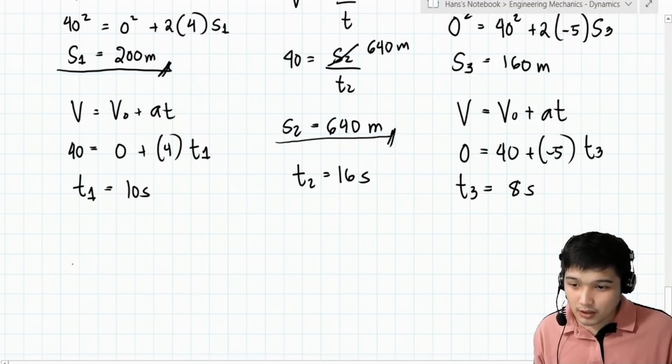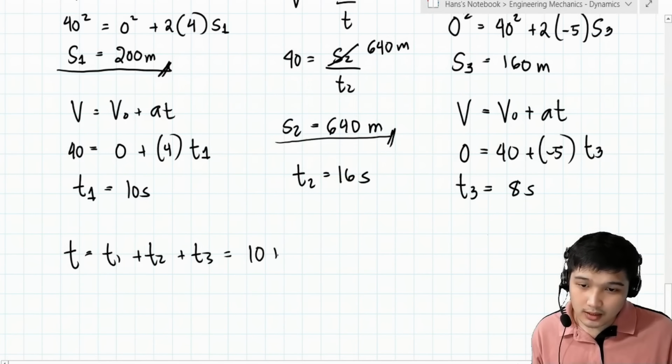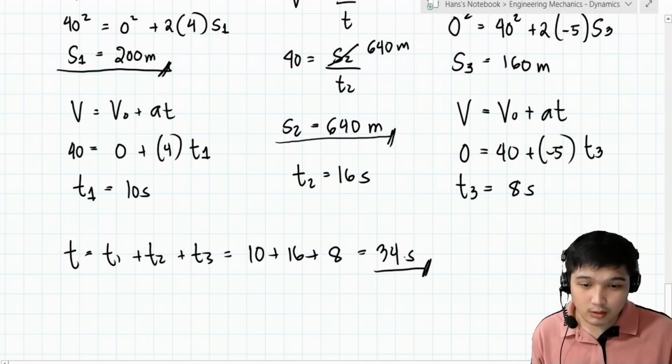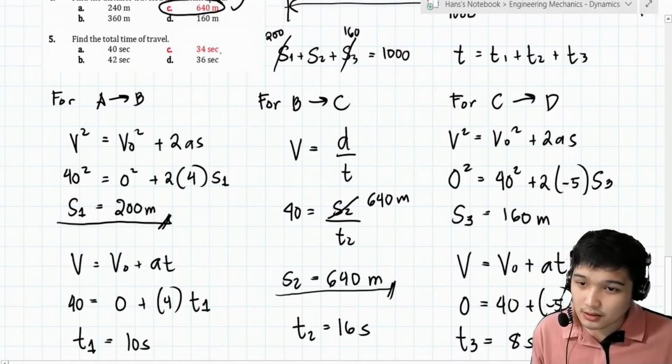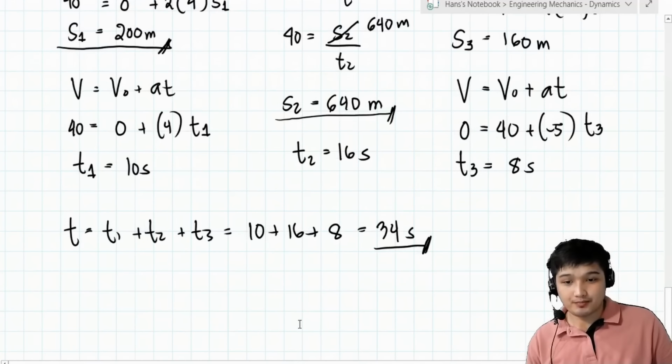So finally we can solve for that: T1 plus T2 plus T3. That is 10 plus 16 plus 8, so I think this one is 34 seconds. Is this the correct answer? Okay, so yes, 34 seconds. So we are correct.